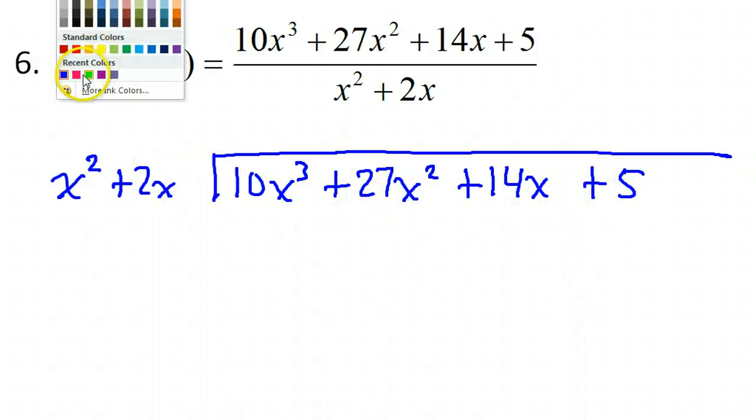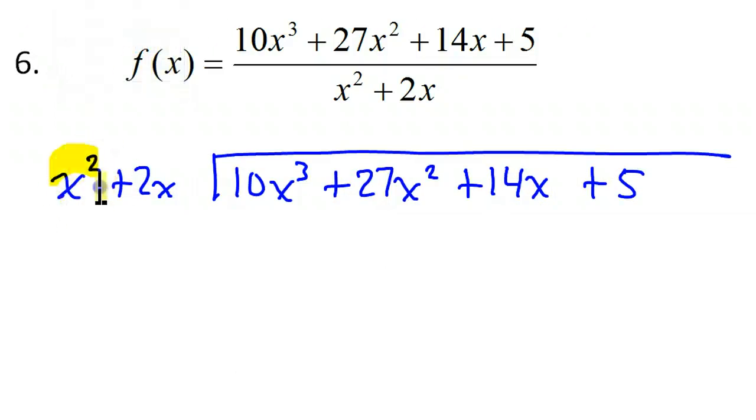So I ask myself, x squared times what is going to give me 10x to the third power? X squared times 10x will give me 10x to the third power.